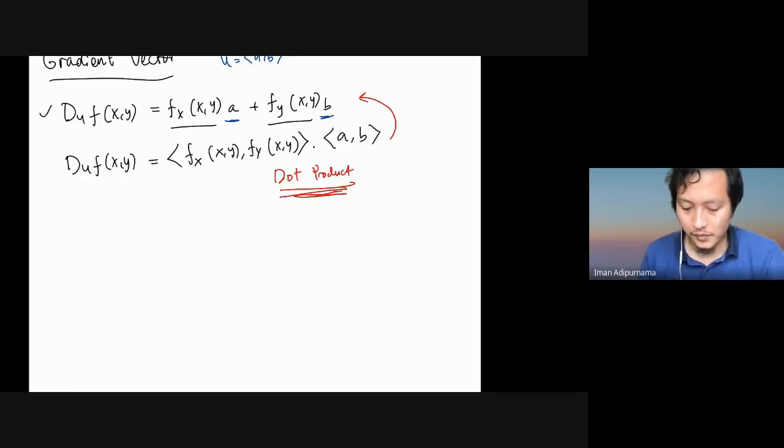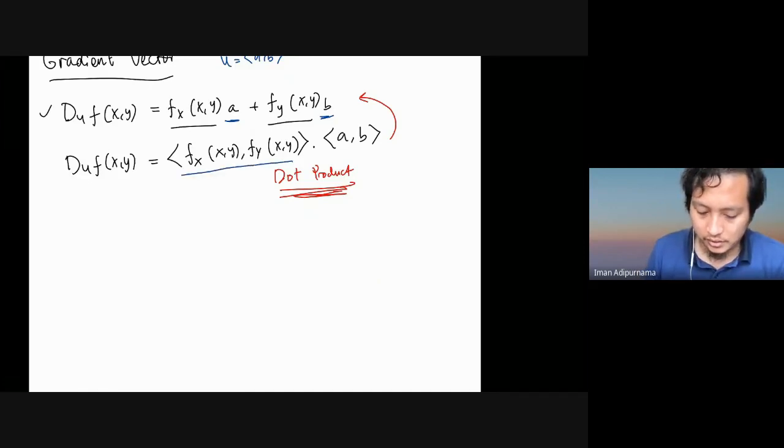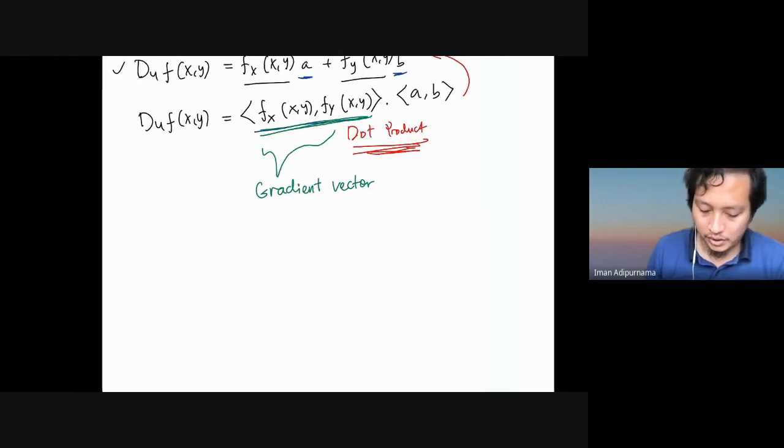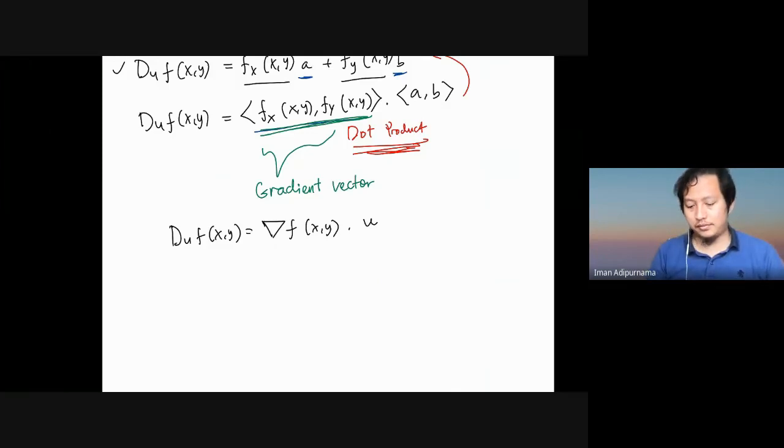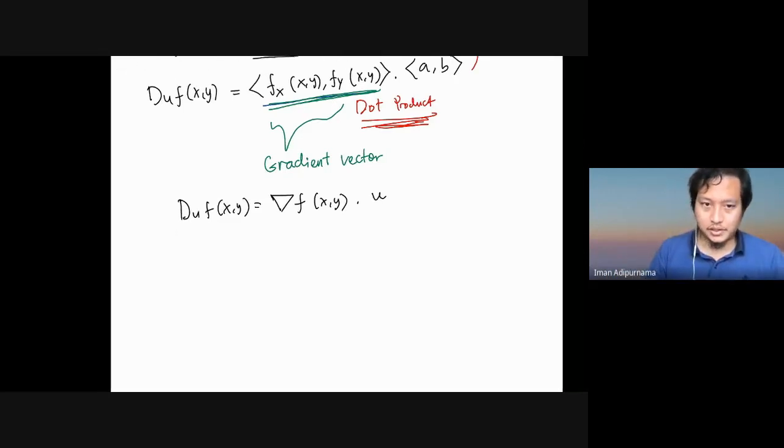And the partial part here is called the gradient vector. In physics you are more likely to see this gradient vector.